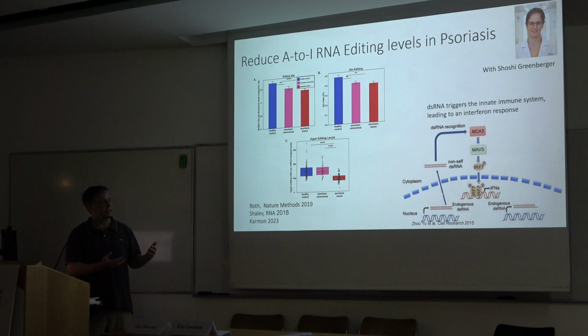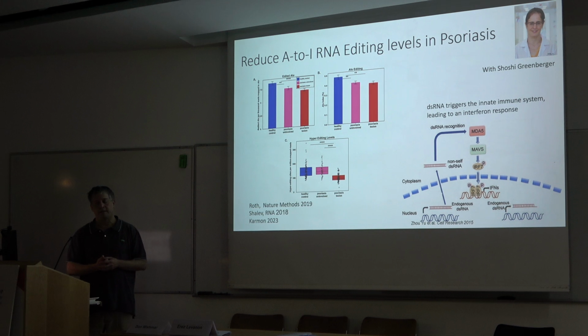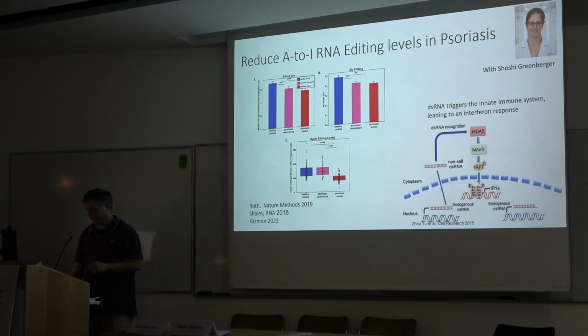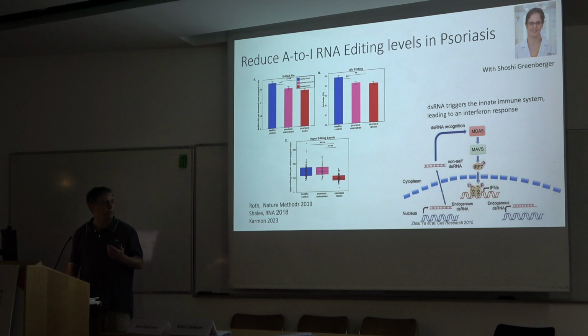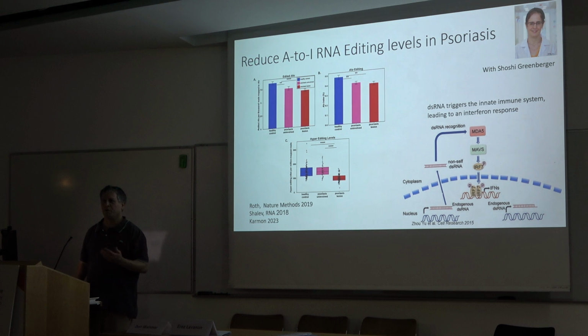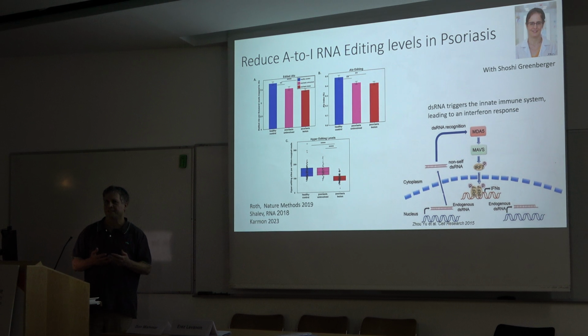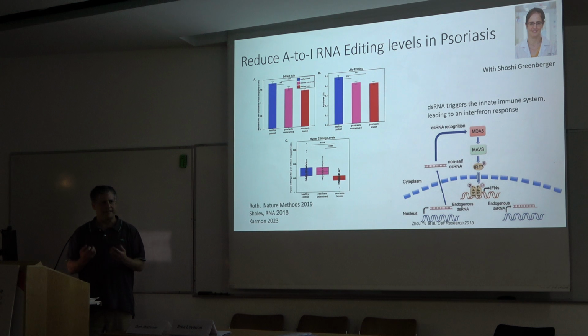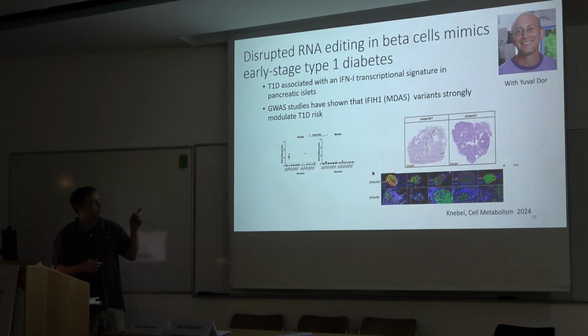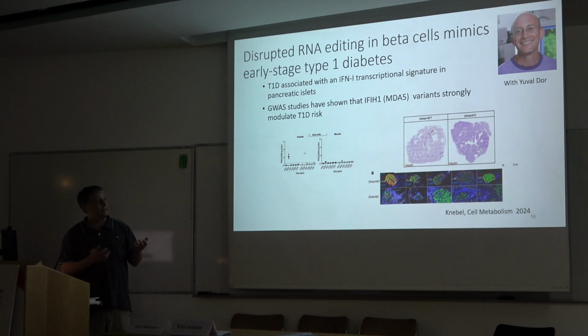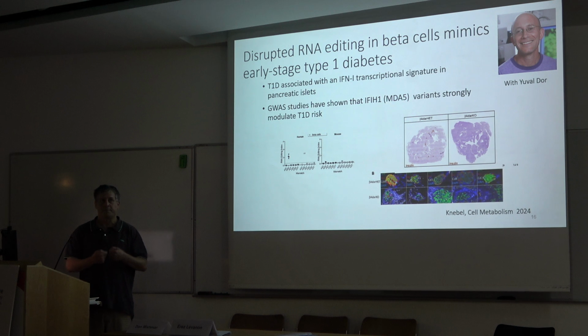So this was a correlation. We found a correlation between low editing level and activation of immune activity, but we wanted to go further to see if there is causation. If lack of editing can lead to autoimmune disease, then together with Yuval Dor, they created a mouse without editing activity in the beta cells, and these mice develop type 1 diabetes.